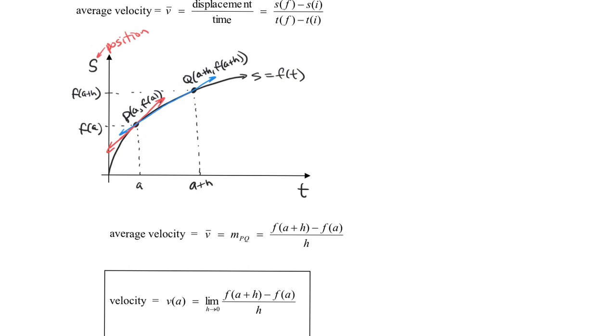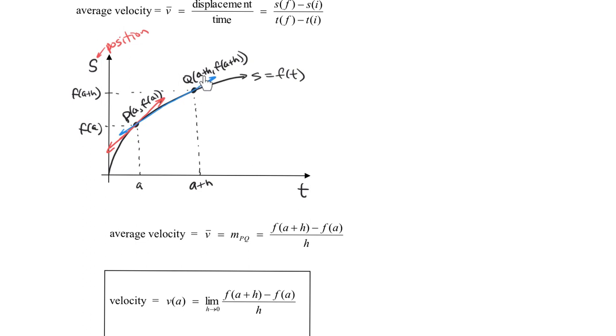We can see this right here below. The average velocity is the slope through PQ. And for average velocity, if we did just like what we did before and use the slope formula, we'll get y2 minus y1 over x2 minus x1.